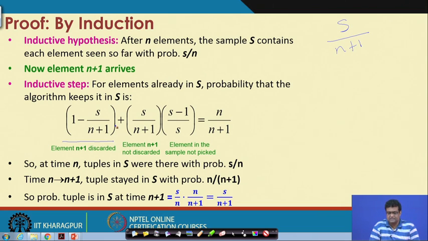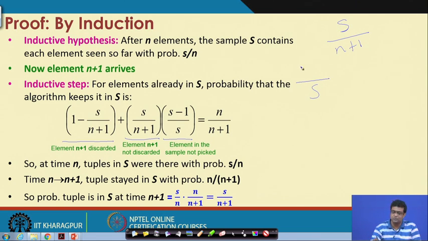The second possibility is that the current element is not discarded, and the chance of that is s by n plus 1. In that case, with probability s minus 1 by s, an existing element is kept, because you have a total of s samples now, and you will take one of them and discard it and put in the current element.